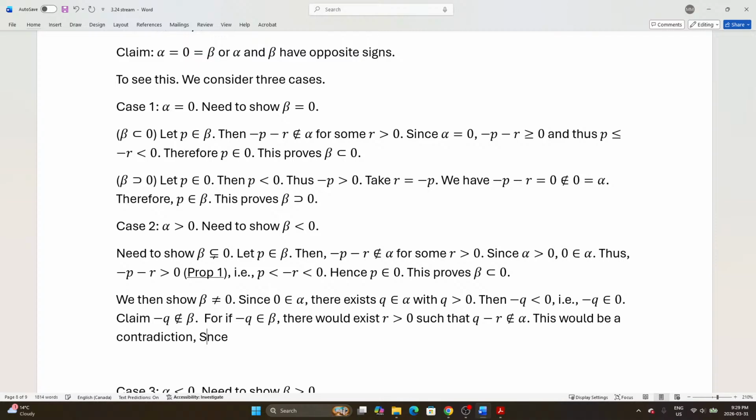Therefore we have successfully found an element, minus q, that is in 0 but is not in beta. This proves beta is not equal to 0. So overall, we have containment and not equal, therefore it's proper containment.